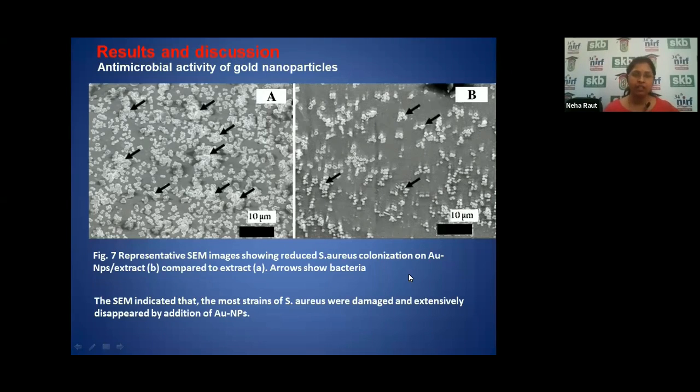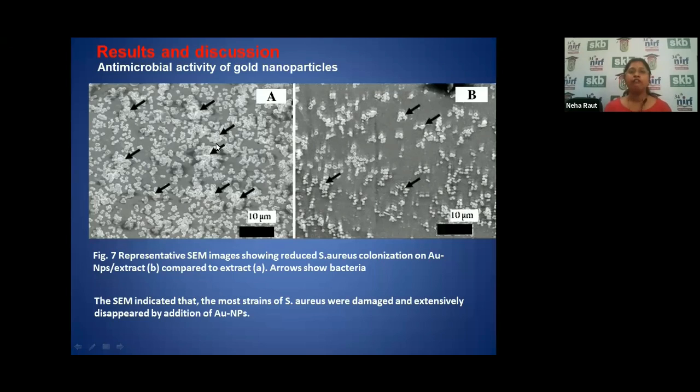Initially, they carried out the zone of inhibition, and for confirmation, they just added the S. aureus bacterial culture to the urea medium, and in the same one they added the extract.